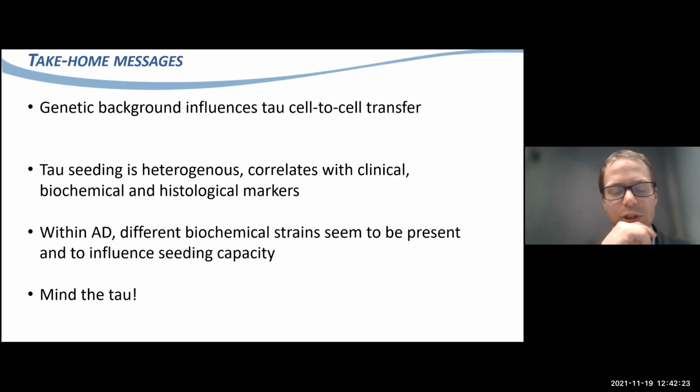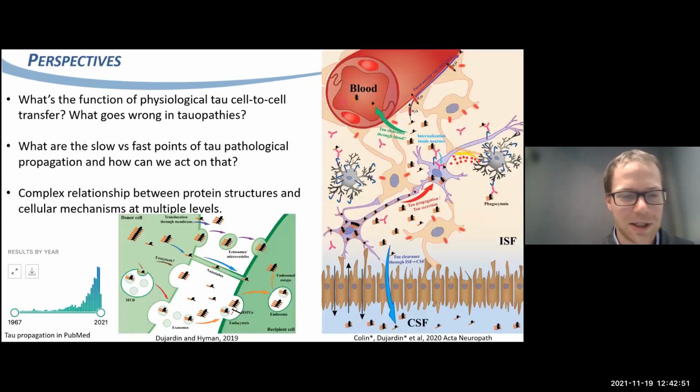I don't show histological, but trust me on that. This heterogeneity within AD led us to find out that there were some different biochemical strains that seem to be present and that influence the seeding capacity. And the last bit of information was on the destruction of tau seeds.